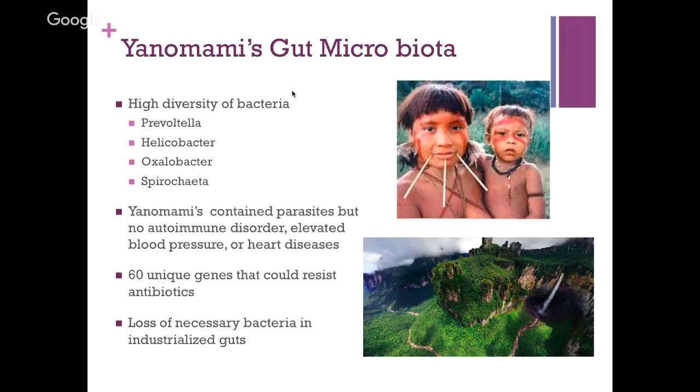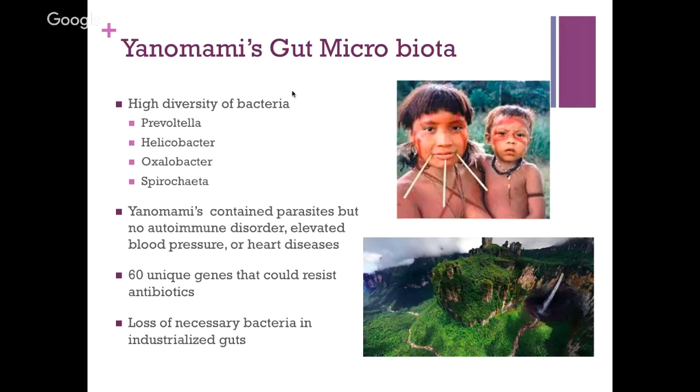This was pretty interesting because the Yanomami are not exposed to Western medicine and diet and lifestyle. So the researchers were interested: how in the world could they have all these genes that could resist antibiotics? They came up with the idea that their gut bacteria were already able to adapt to various toxins in their environment without antibiotics.